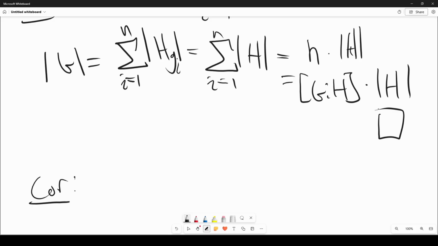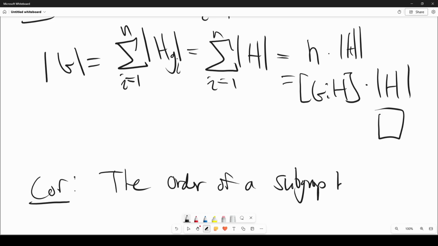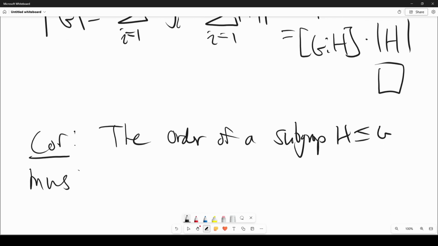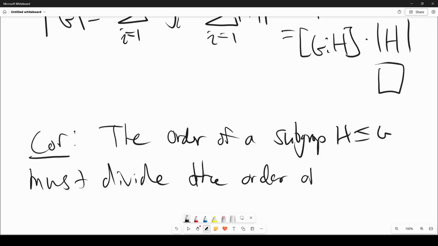But a more applicable idea is that since the order of G is some integer n, and I can factor it into two different numbers, this means that the order of a subgroup H in G must divide the order of the group.